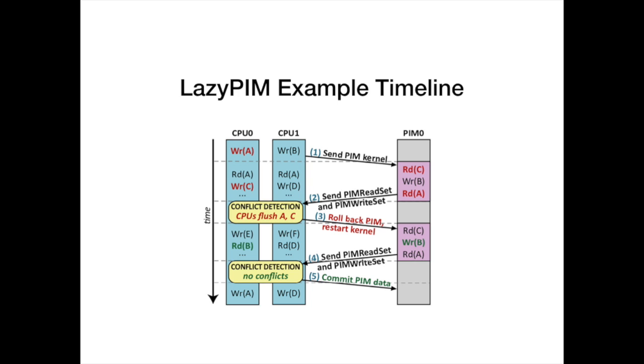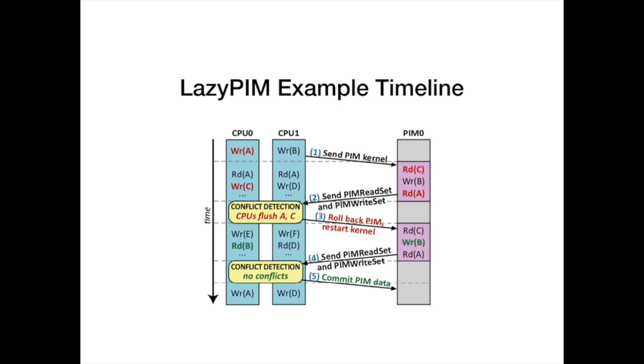In this diagram, time flows from top to bottom, and it demonstrates an example of this. In step 1, CPU 0 writes to line C during kernel execution. In step 2, CPU 0 writes to line A before kernel execution, which was not written back to DRAM.